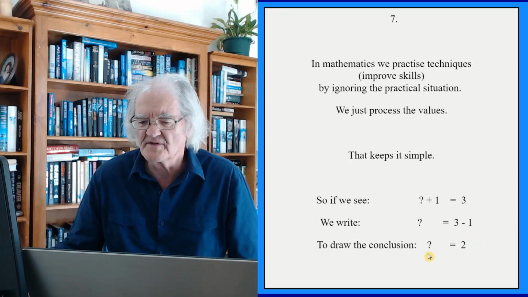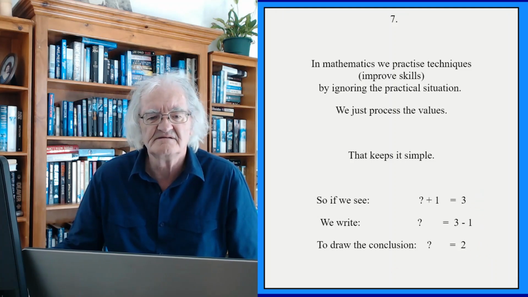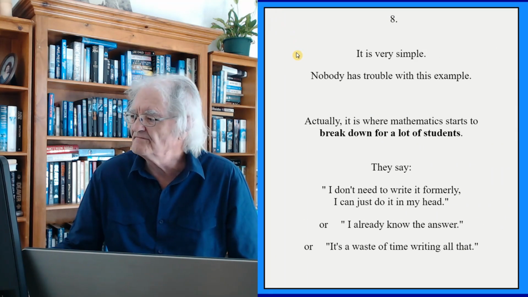And we can draw the conclusion the missing value is 2. So we got from what was presented to us to a conclusion by processing. It's very simple. Nobody has trouble with this.